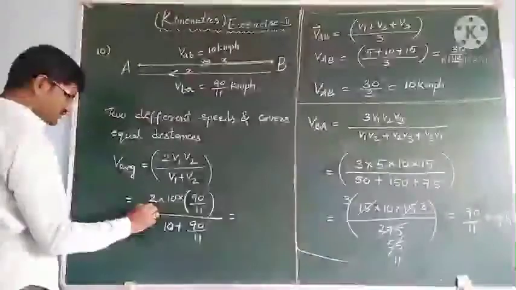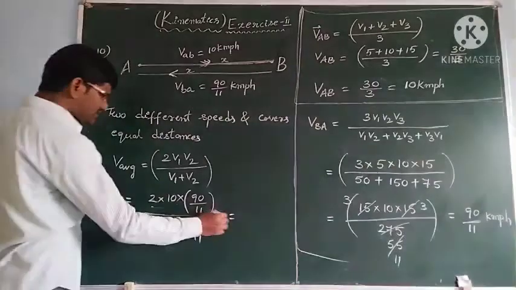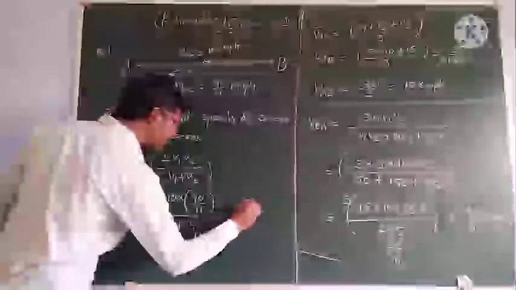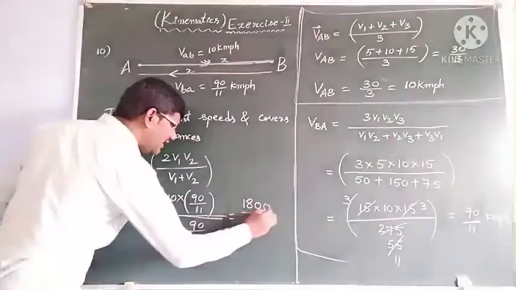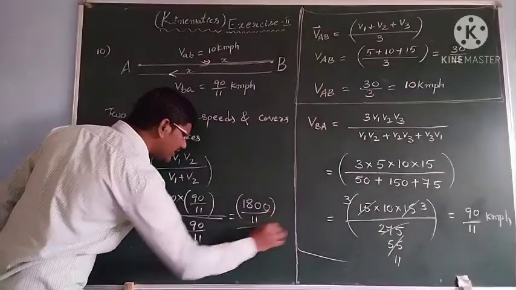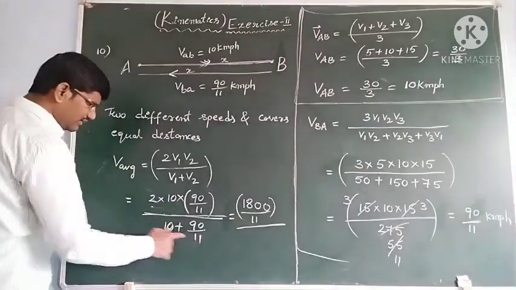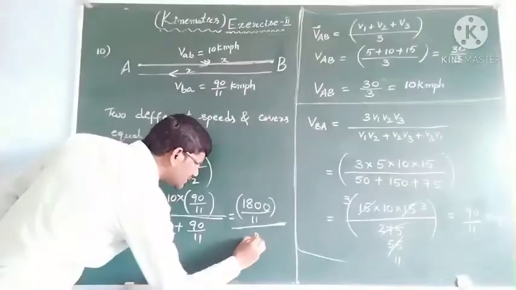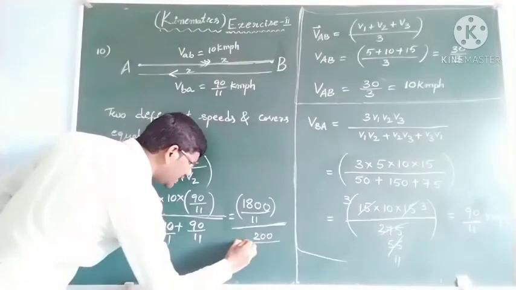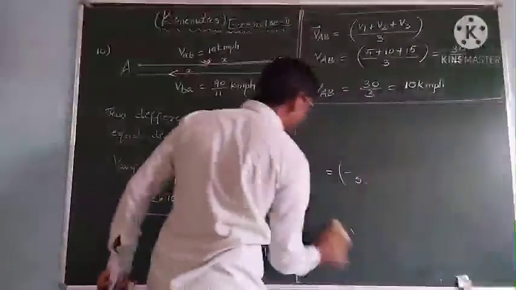Just do the multiplication, students. 9 into 2 is 18, two zeros are there. So 1800 by 11 is the numerator, and the denominator is 11 into 10, 110, plus 90, that is 200. 200 by 11 we have.